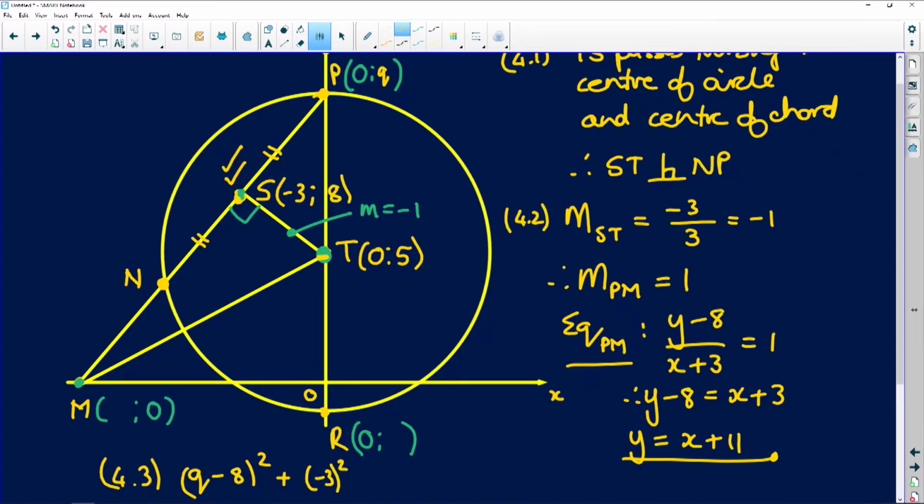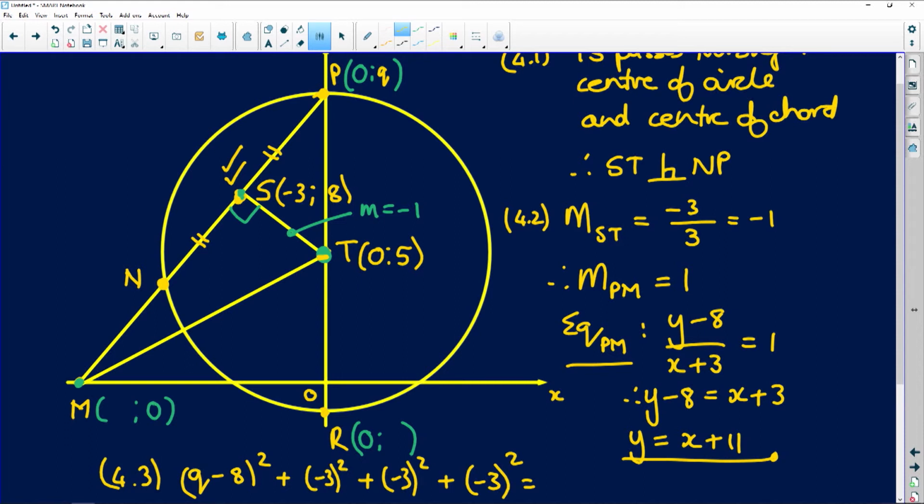So this distance here is 0 minus 3, so it's minus 3 squared. That distance is 5 minus 8, which is another minus 3 squared. So this line plus this line, all squared, has got to equal that distance there. 0 minus 0 is nothing.